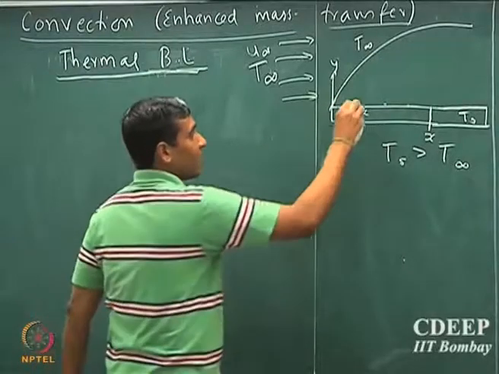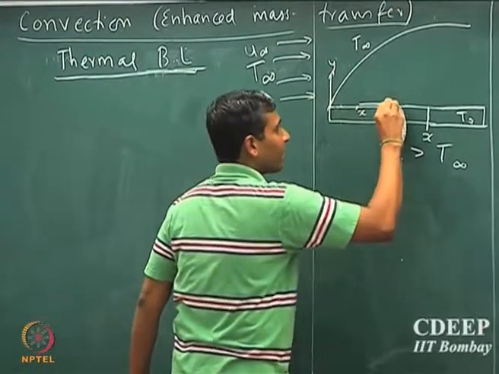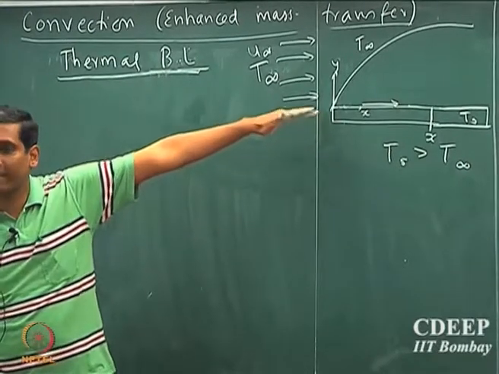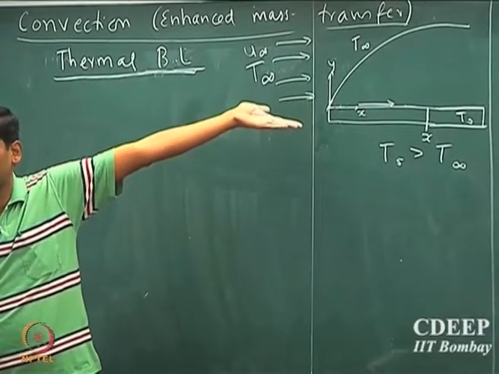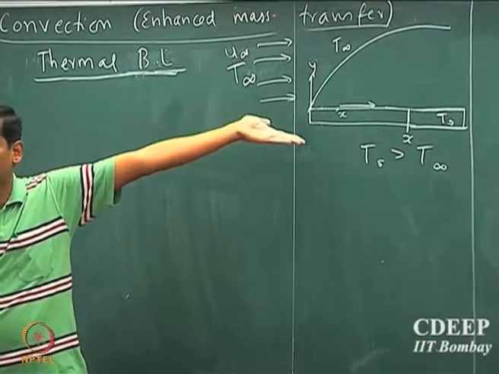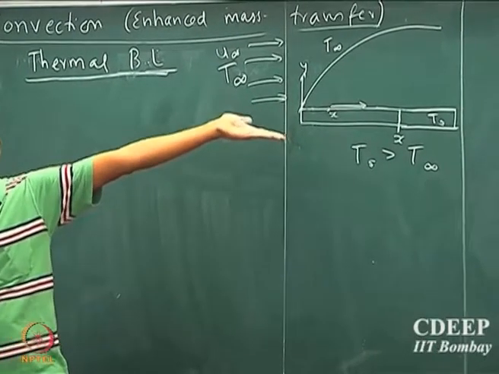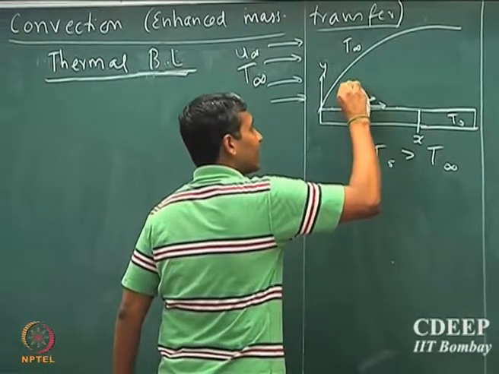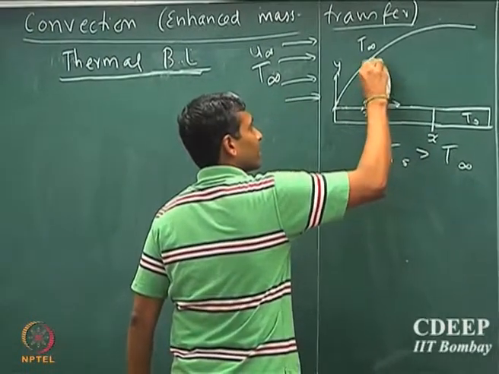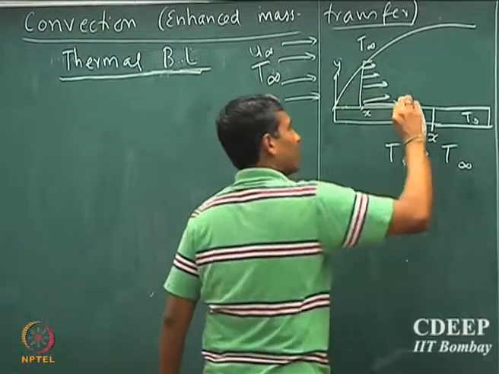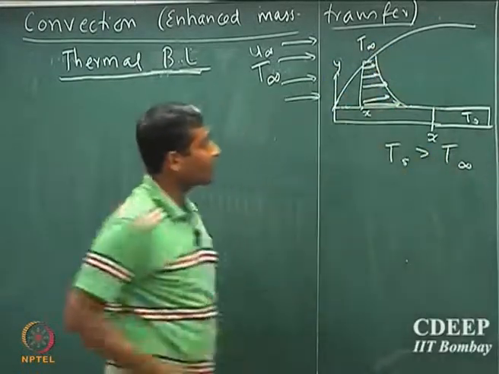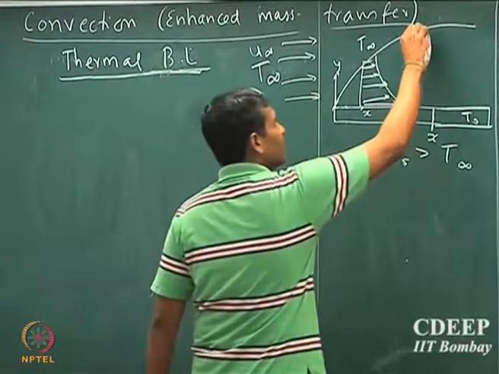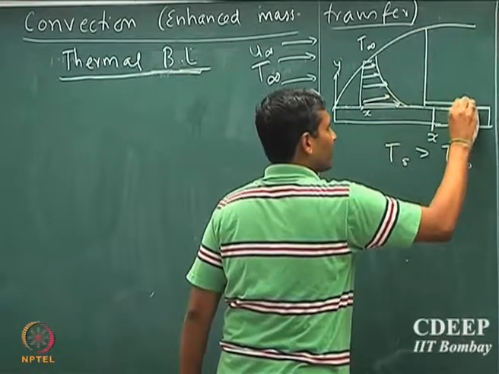The fluid particles close to this surface would quickly reach equilibrium with the flat plate, and their temperature will be very close to or equal to the temperature of the flat plate itself, and therefore there will be a gradual decrease in the temperature till the edge of the boundary layer. That is the temperature profile you would expect, and similarly you can draw this at different locations.